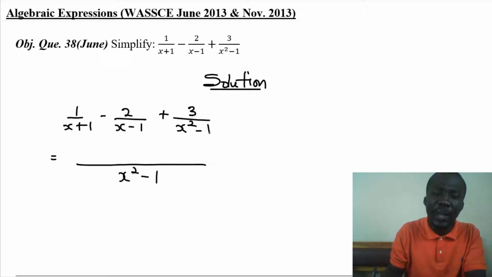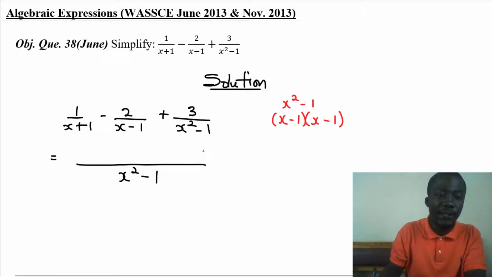When we pick x squared minus 1, x squared minus 1 can divide itself. Likewise, the first term, which has a denominator of x plus 1, can divide x squared minus 1. And x minus 1 can also divide x squared minus 1. This is because in x squared minus 1, we have x plus 1 and x minus 1 as the factors.